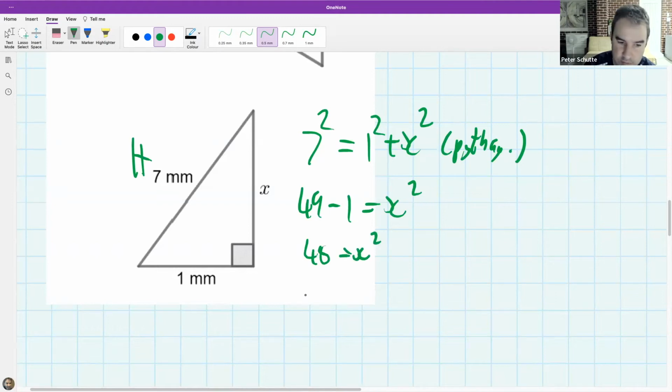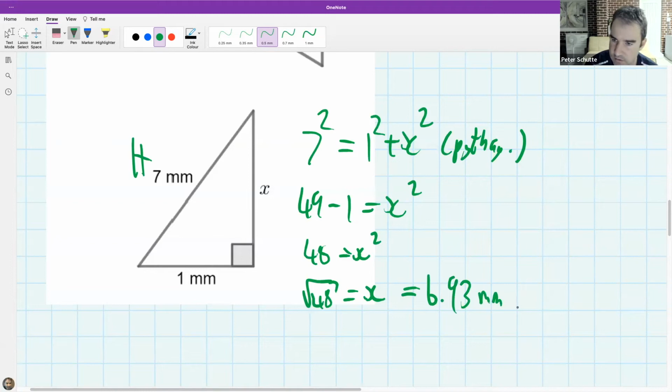There is a shortcut method to this, but so the square root of 48. So you should get 6.9 or 6.93 millimeters.